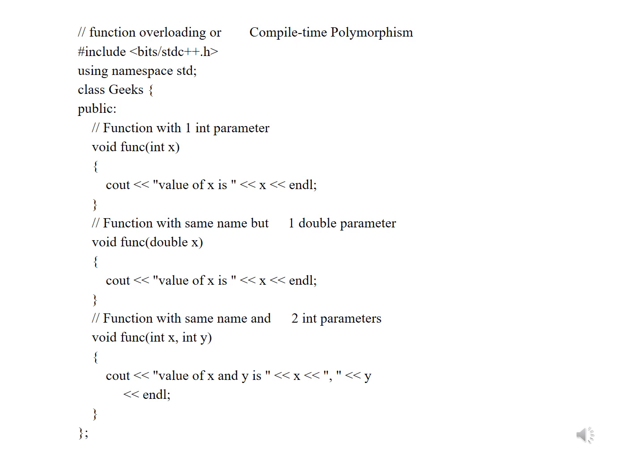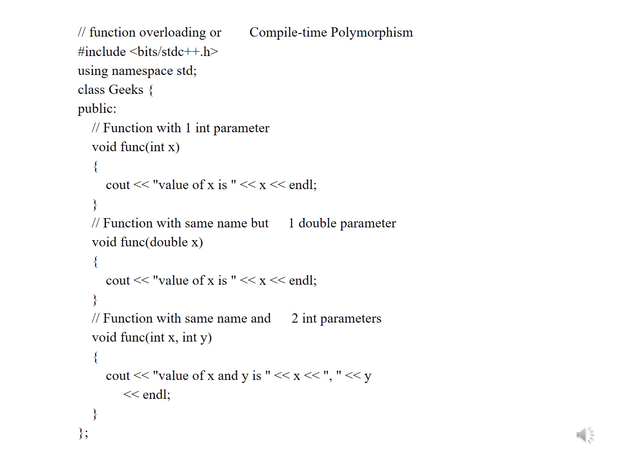Again, we are using another function with the same name, but we are passing two integer parameters. That is void func, open bracket, int x comma int y, close bracket. Open the curly bracket. cout value of x and y and endl, close the void function and close the class.